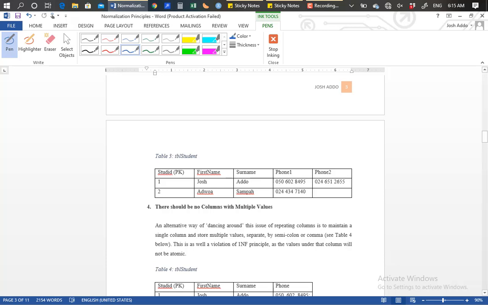The person is thinking, you see, normally people have more than one phone numbers. The person is thinking that a way to capture all the phone numbers is to do something like phone number 1, phone number 2. If the person has more than 2, then phone number 3, and so on and so forth.